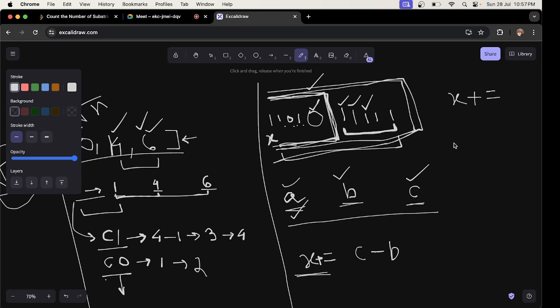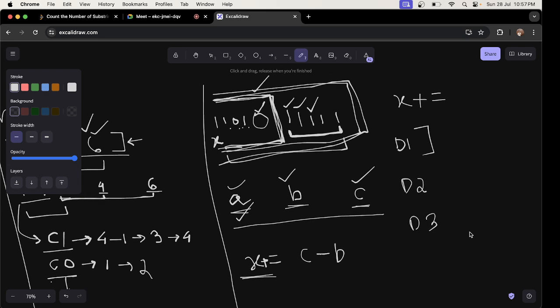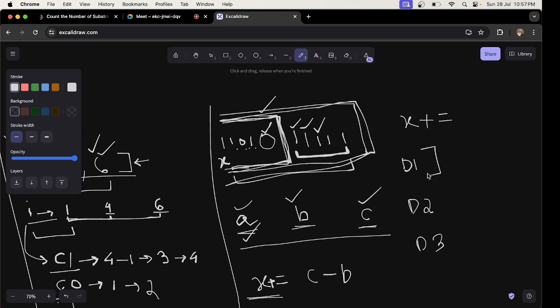So let's say there are x dominant substrings. This is the first dominant substring, d1. Then there is another dominant substring called d2, then another called d3. What are the options that you have for these dominant substrings?